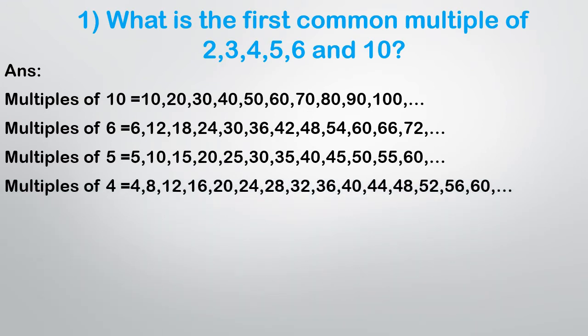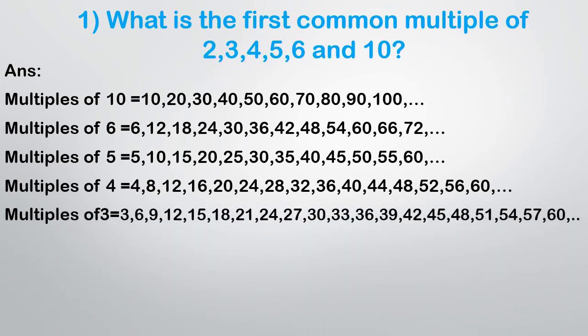You can use 4 table. 4, 8, 12, 16, then 4 fives are 20, 24, 28, 32, 36, 40, 44, 48. Till 48, you know 4 table, no? After that, you can add by 4. Otherwise, you can use skip counting. So 48 plus 4, 52, 52 plus 4, 56, 56 plus 4, 60.